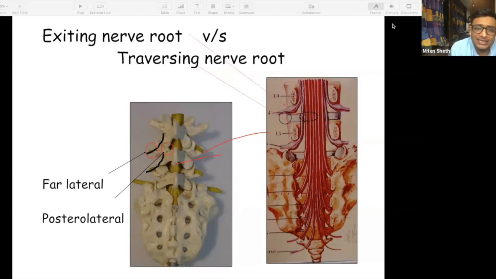Whereas if the patient has a foraminal or extra foraminal disc prolapse at L4-5, the patient will present with L4 dermatome pain and a foot drop. That is basically what this is all about.